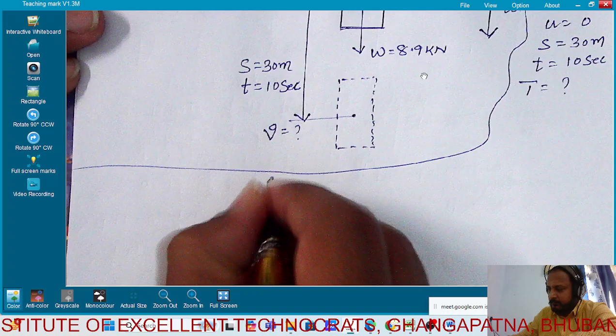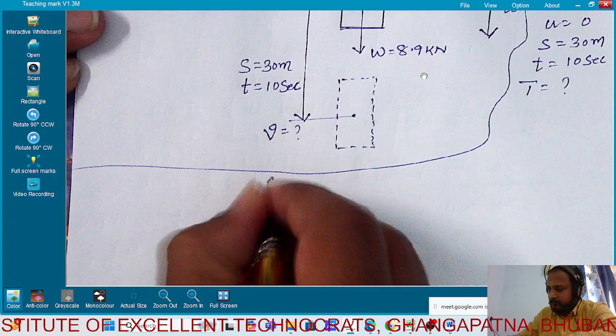Summation of F is equal to W by g into a. By seeing the diagram, which force is responsible for the downward movement of this particular cage? It is W minus T is equal to W by g into a.